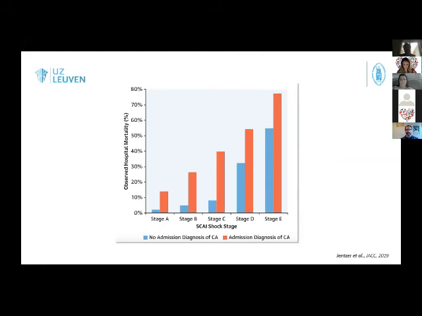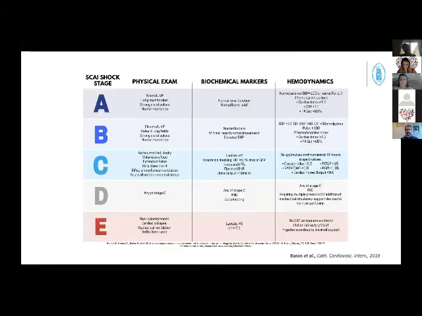This is the old SKY classification, if I can call it old, where they try to give you a physical, biochemical, and hemodynamic definition for the different stages, A, B, C, D, and E. So I think the physicals are very important, biochemicals are important, and if you're lucky and you do have a PA catheter in situ quite quickly after admission, you can use those as well to put your patient in the correct SKY group.